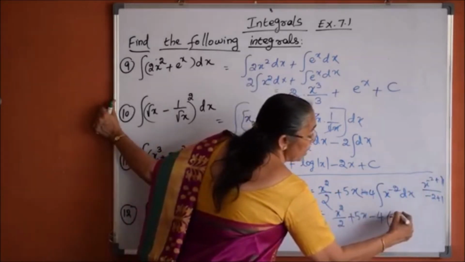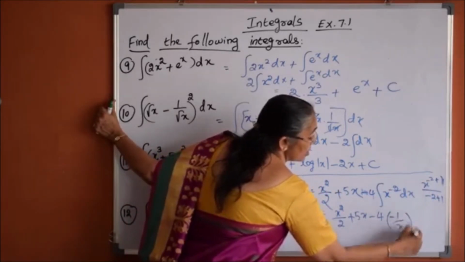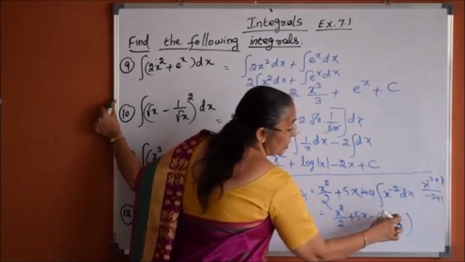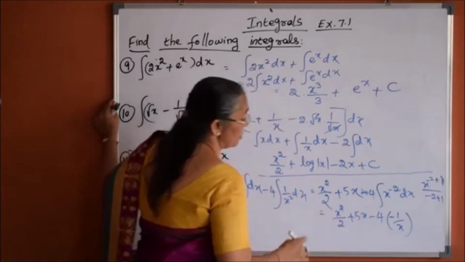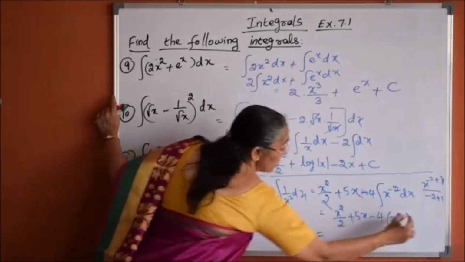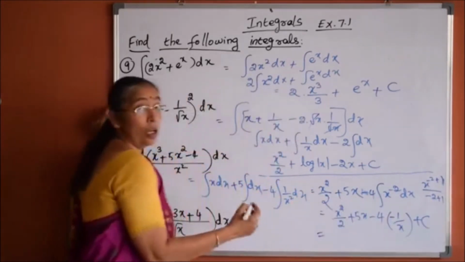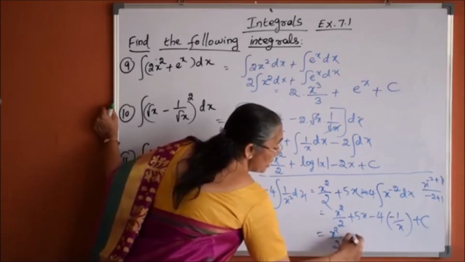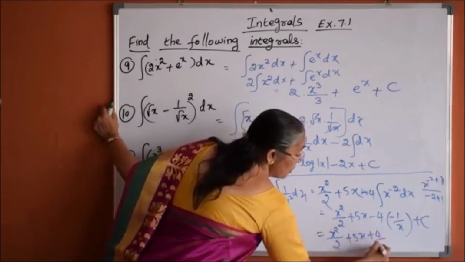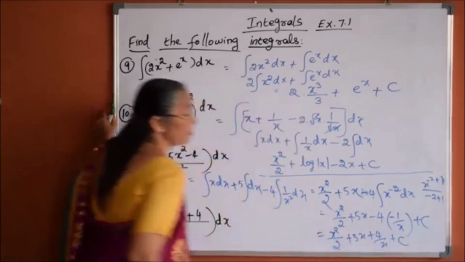Together we can write minus 1 by x. This is the negative sign here, and this x to the power of minus 1 will come as x to the power of plus 1. So plus c. So on the whole the answer is x square by 2 plus 5x plus 4 by x plus c.